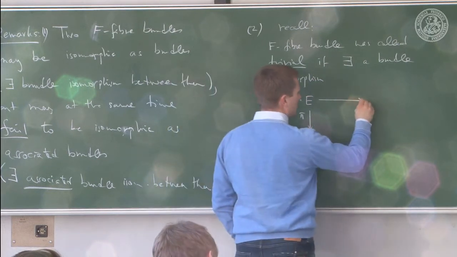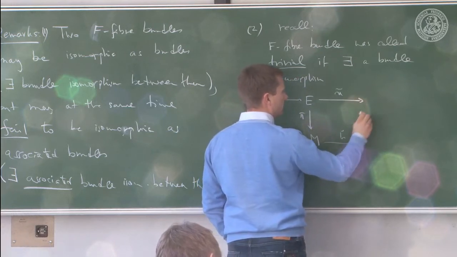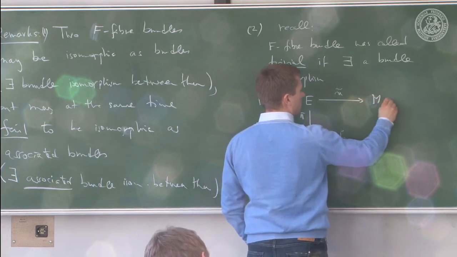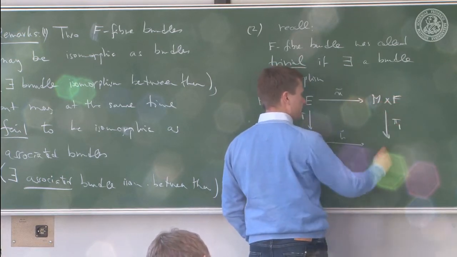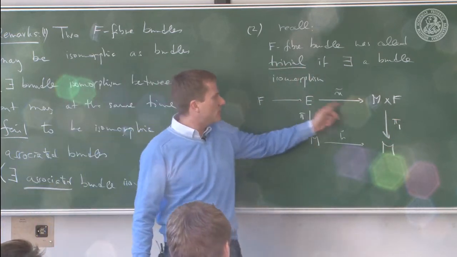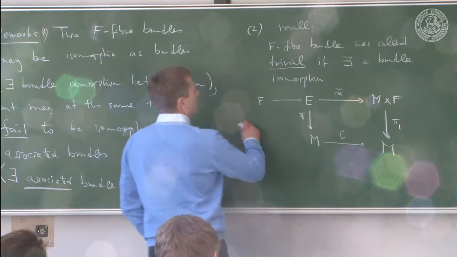If there was a bundle map, let's call it U twiddle H twiddle, to M cross F, and this was the projection to the first factor. Remember this? But this needed to be a bundle map, and then we called this bundle trivial. That was it, okay?